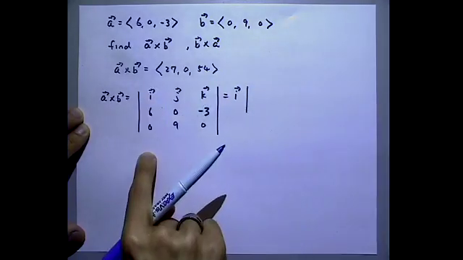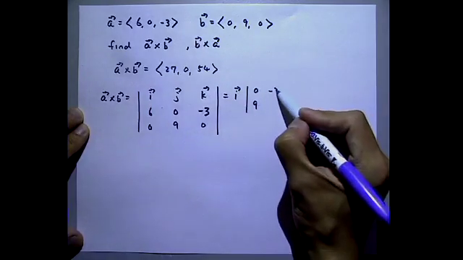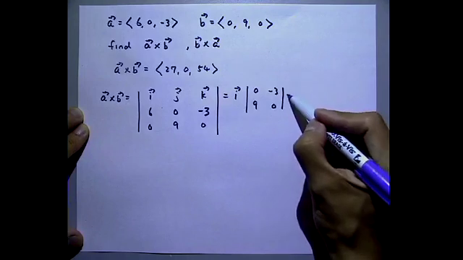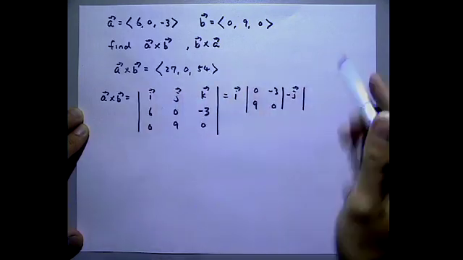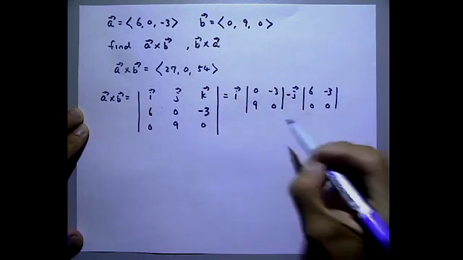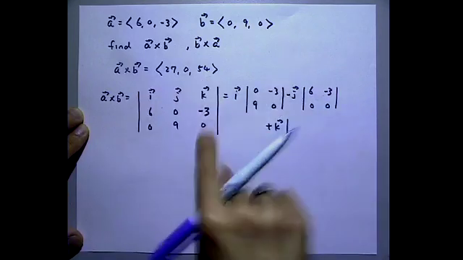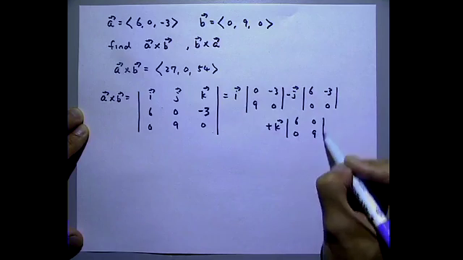I take out the first column, first row, determinant of 0, minus 3, 9, 0. Middle one, always change the sign, negative j, block out, block out. And the last one, k, block out first row, last column, 6, 0, 0, 9.